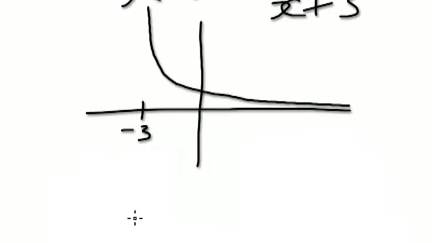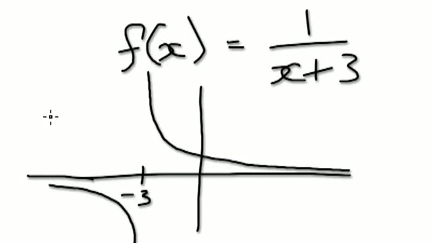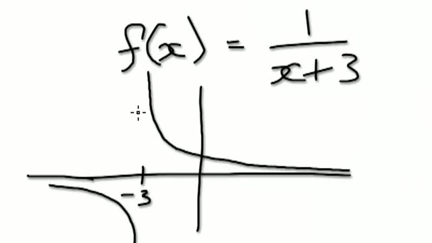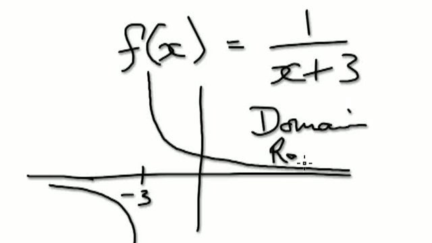It doesn't reach 0, by the way. When given this function, try to visualize the graph. Your graph looks like this. From this, it will help you find the domain, and it will help you find the range.